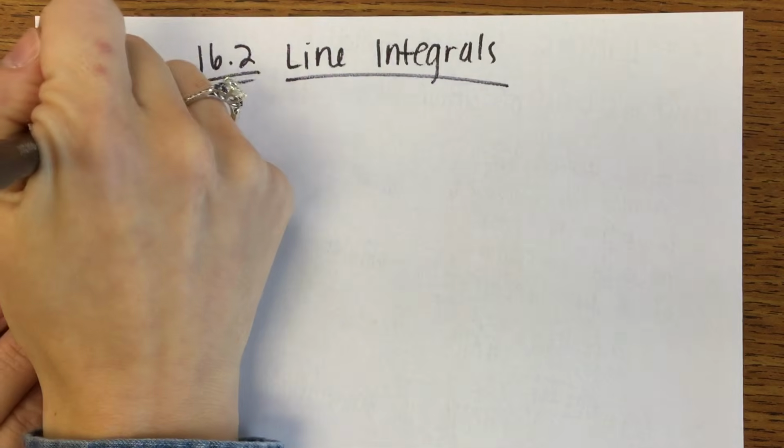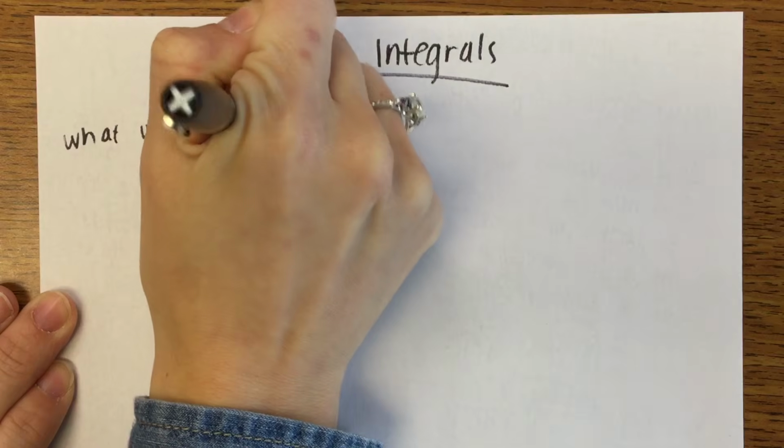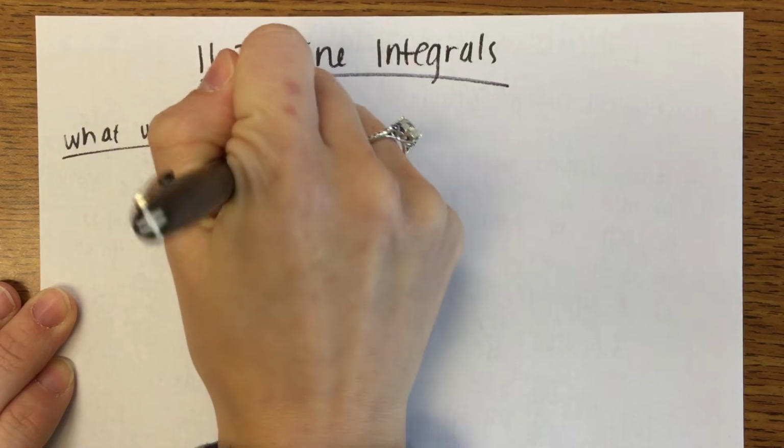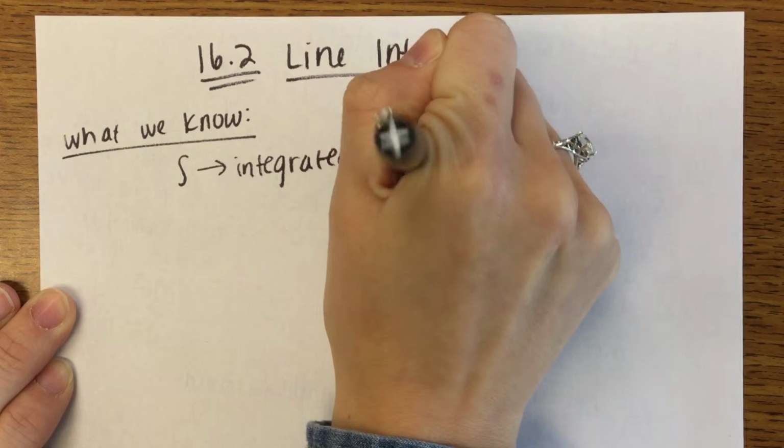Okay, so line integrals. Here's what we know how to do so far from Calc 1 and Calc 2. We took a single integral, in which case we integrated over an interval.